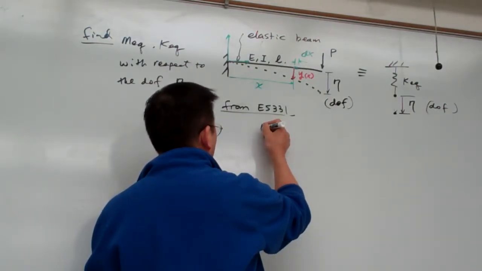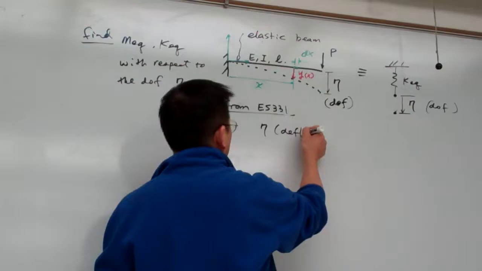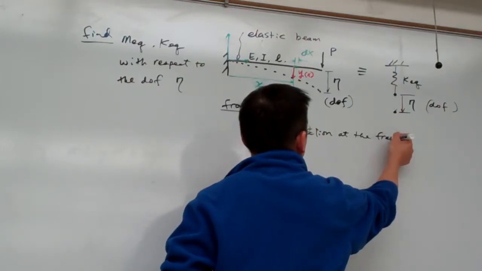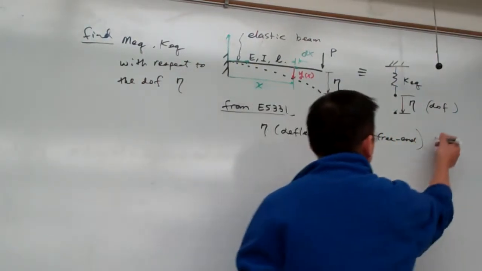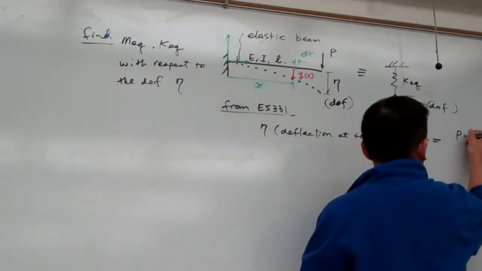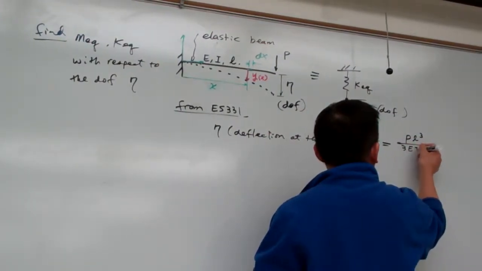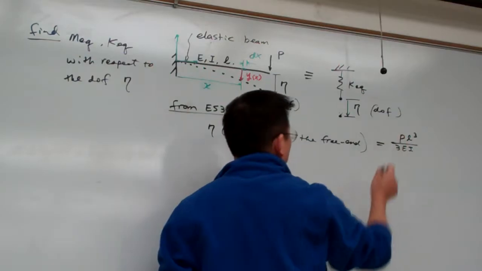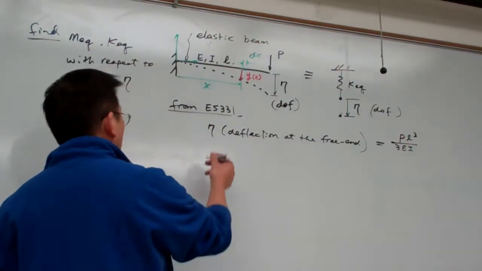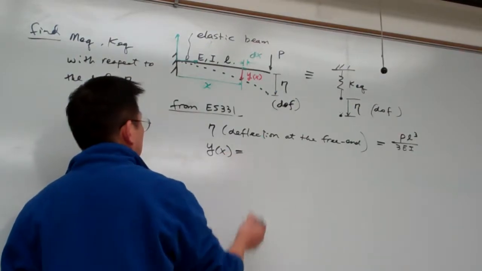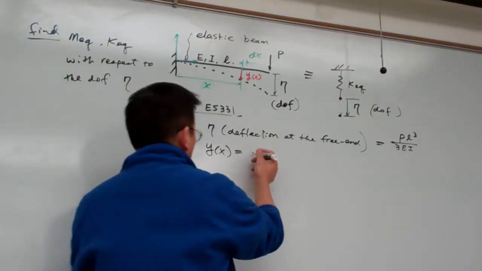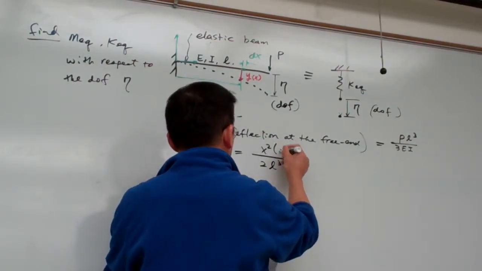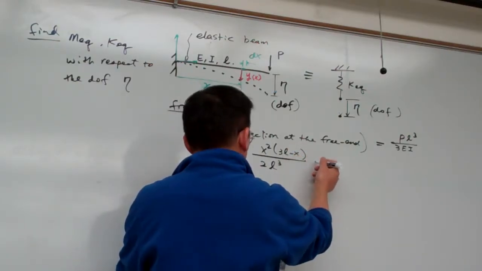For example, eta is the deflection at the free end, and from mechanics of materials we can describe it as PL^3 over 3EI. That depends on the geometry, material properties, and in particular the loading. The deflection at any point we can describe as a function of eta, equal to x squared times (3L minus x) times eta.